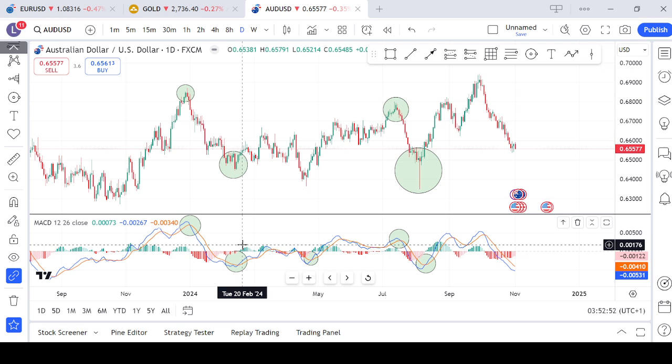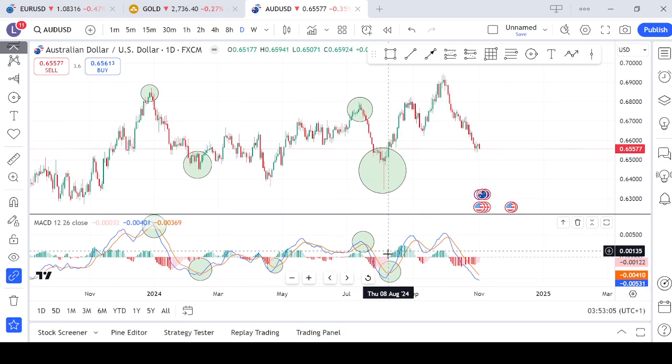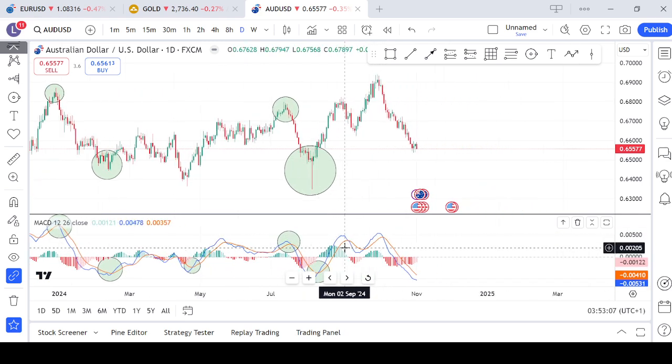And if you see decreasing histogram bars, it suggests weakening momentum and potential trend reversal. If you see weak bars like this one, it's weak momentum. When the histogram bars are increasing in height like this one here, it indicates a stronger trend.